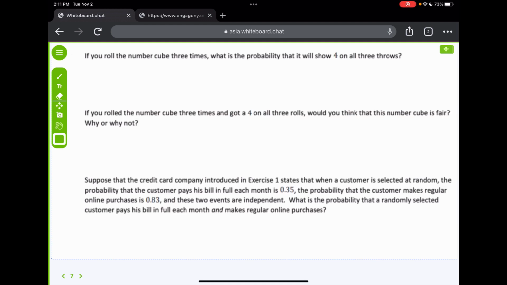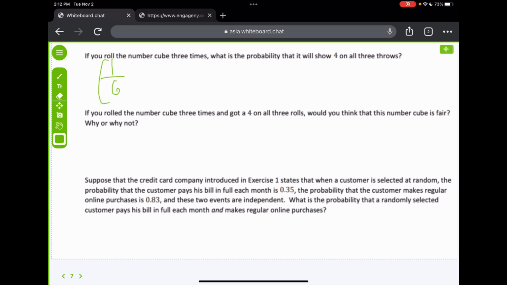Number 7 says, if you roll the number cube 3 times, what is the probability that it will show 4 on all 3 rolls? Well, what's the chances of rolling a 4? 1/6. Does the next event depend on the first one?